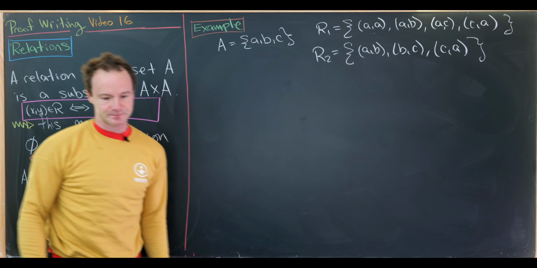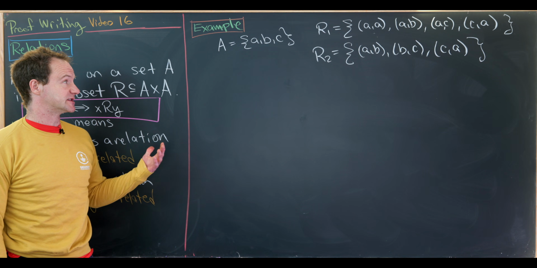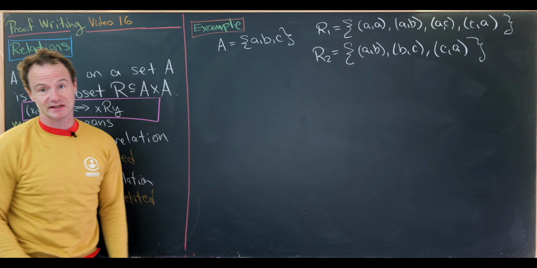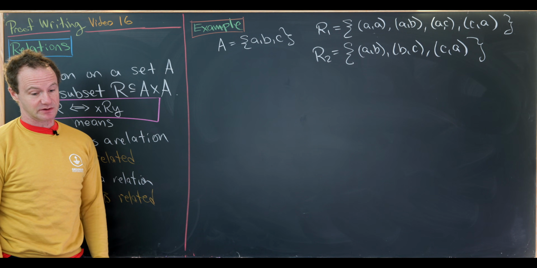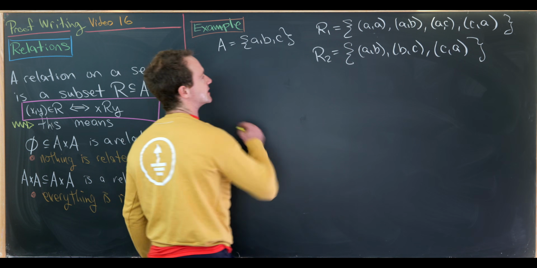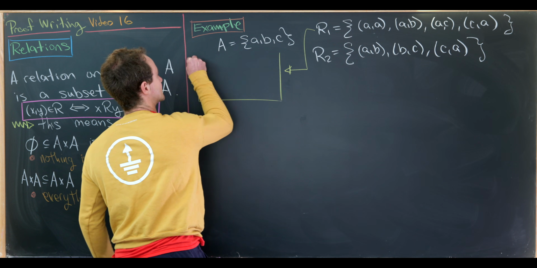Okay, nice. And so those are definitely relations, and we know they're relations because they're both subsets of the cross product of A with itself, and that's all it takes to be a relation. But that being said, let's practice with some of the notation just really quickly. Let's take this R1 and make the following observation.